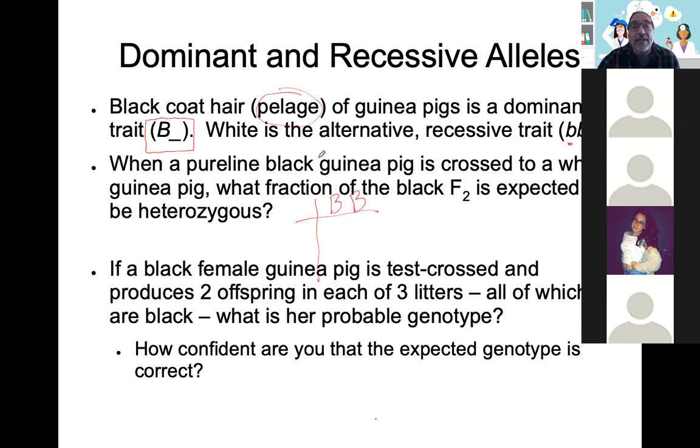How about white? Lowercase bb. So we just fill in all these. Now, let's read the question. Is that an F2 cross right there?